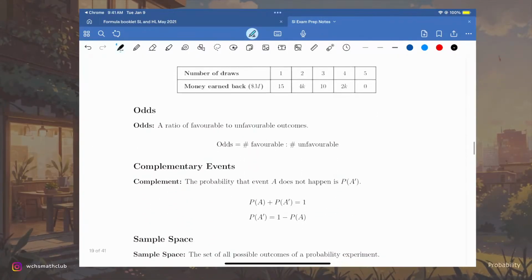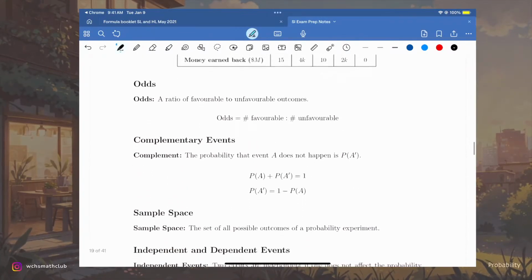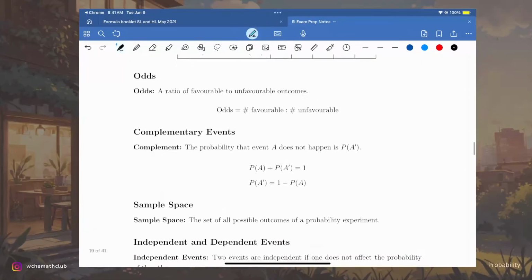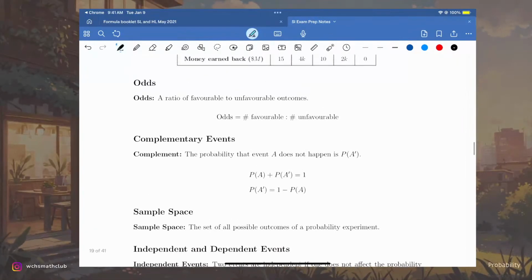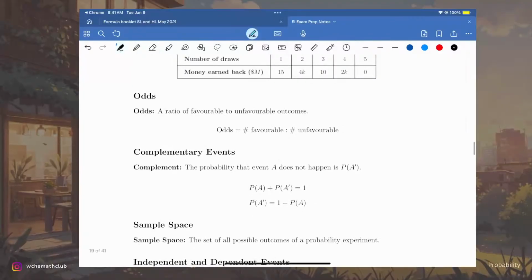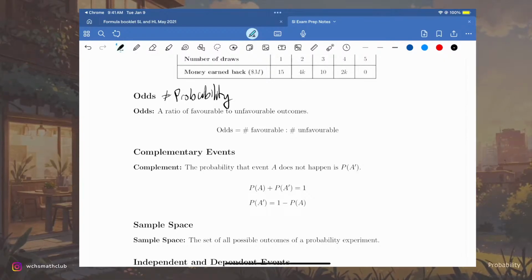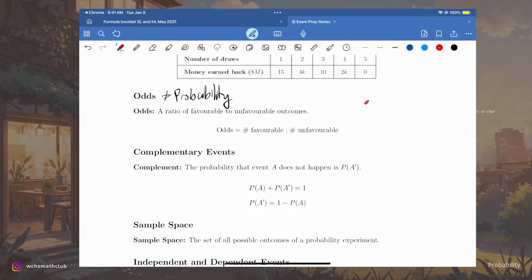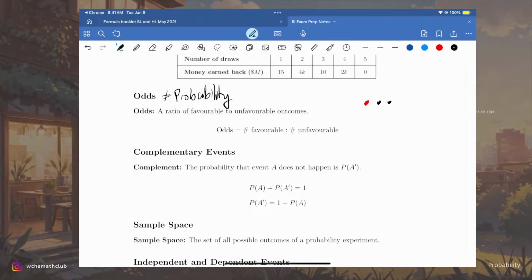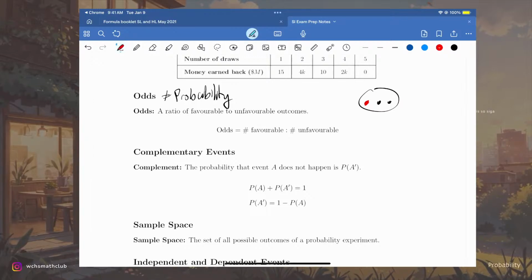So now we're going to go over a couple other terms that you might need to know for the SL exam. So first of all, we have odds. Odds is different than probability. So going back to the example that we had at the very start, let's say we have a red ball and 2 black balls in a bag, and if you draw a red one, you win.